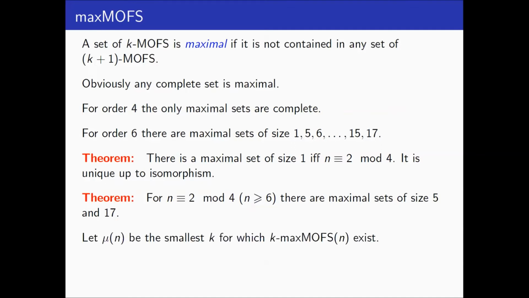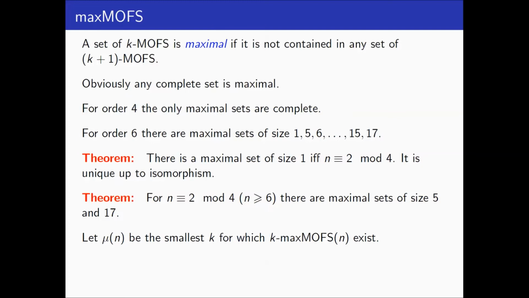And we thought a bit about this function, which I'll call mu of n, which is the smallest k at which you can have k maximal mutually orthogonal frequency squares of order n. So by the above, mu of n is 1 if and only if n is 2 mod 4.